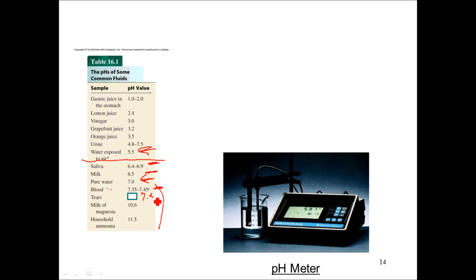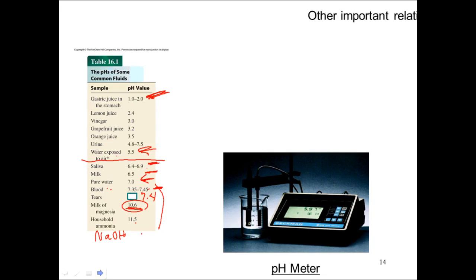Oh, those are going to be in the neighborhood of 7.4. They're somewhat basic. The milk of magnesia, the base that you use when your stomach has a high acid content or is upset, has a pH of 10.6, and household ammonia is 11.5. Very, very strong bases like sodium hydroxide, depending on their concentration, will get closer to 14.